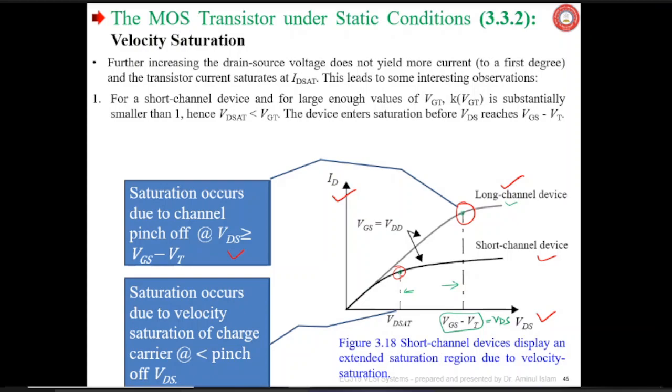See what is given here, extended saturation region. See, it is not really fully saturating, whereas in the long channel MOSFET, it is not happening. It is saturating immediately, and it is taking longer due to CLM and velocity saturation.